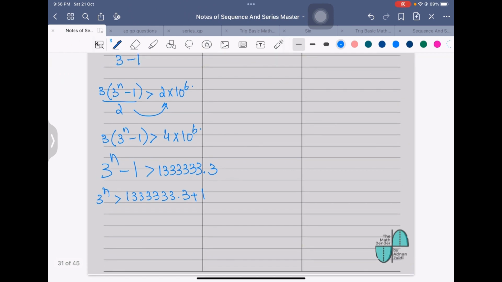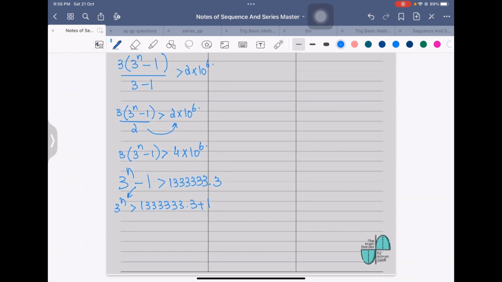Now, as you could see, here the variable is in the power and I need to bring it down. Hence, the log comes into place. If you remember in my previous logarithmic videos, whenever we have a variable in power and we need to bring it down, we apply logs. So I'll apply log base 3 on both sides.